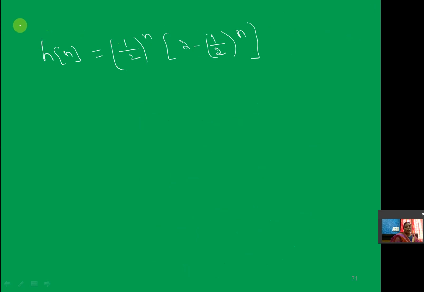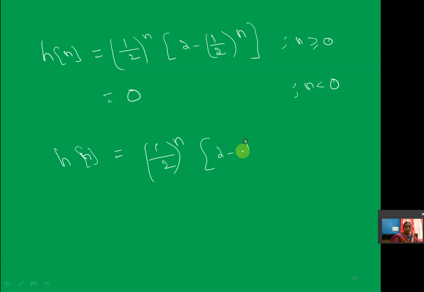This one is under the condition n greater than or equal to 0. For n less than 0, h of n is 0. So combinedly this h of n is rewritten like this: 1 by 2 power n, 2 minus 1 by 2 power n u of n.